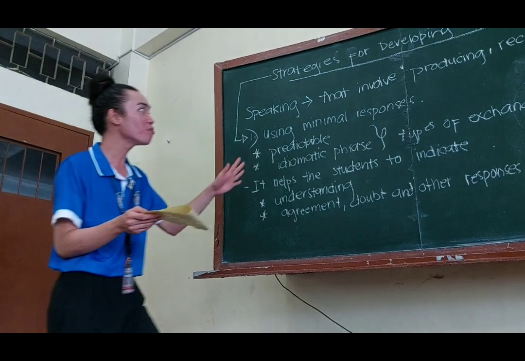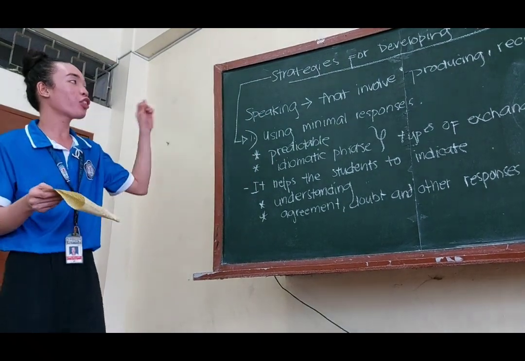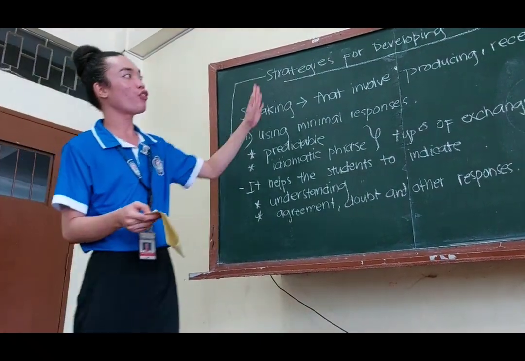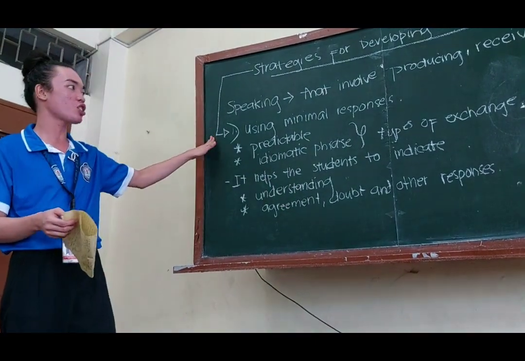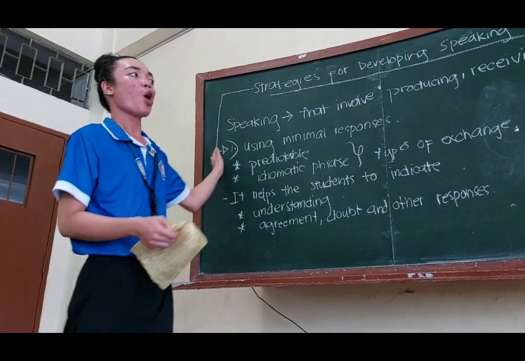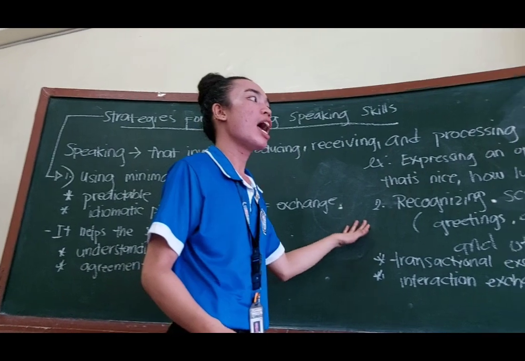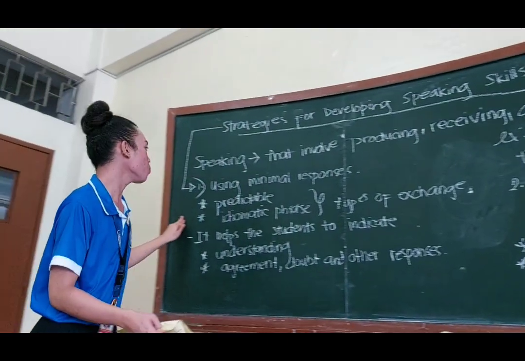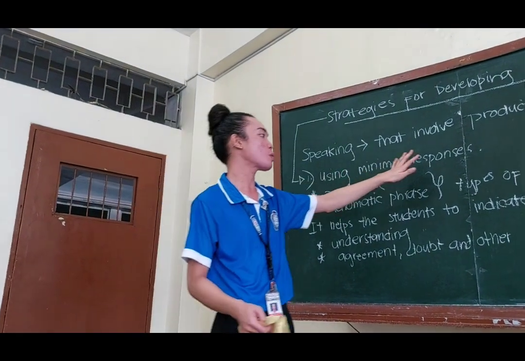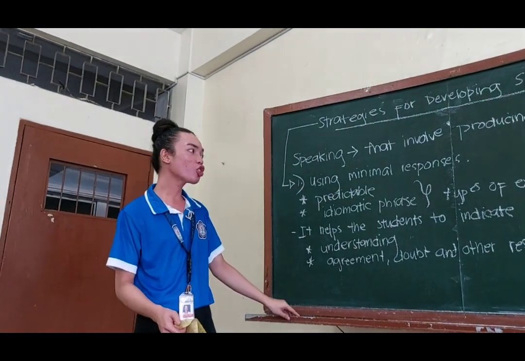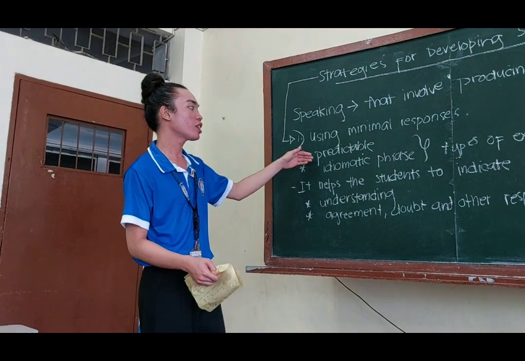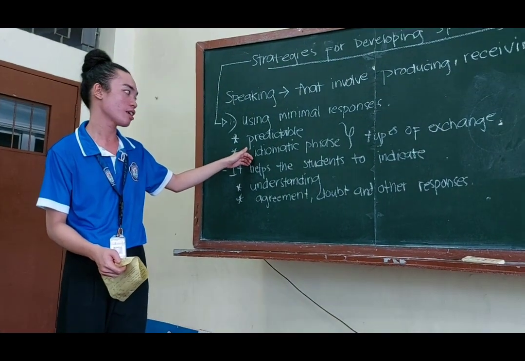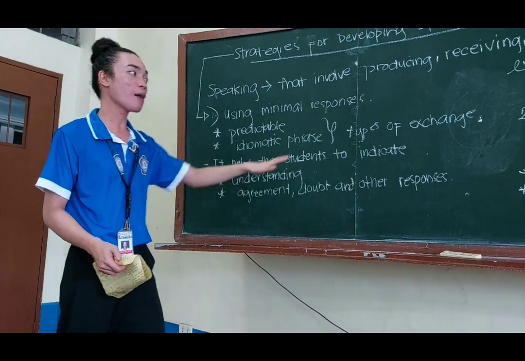So again, there are 3 strategies for developing speaking skills. Number 1 is using minimal responses, then recognizing scripts, and using language to talk about language. Always remember, using minimal responses talks about predictable or idiomatic phrases, like types of exchange.